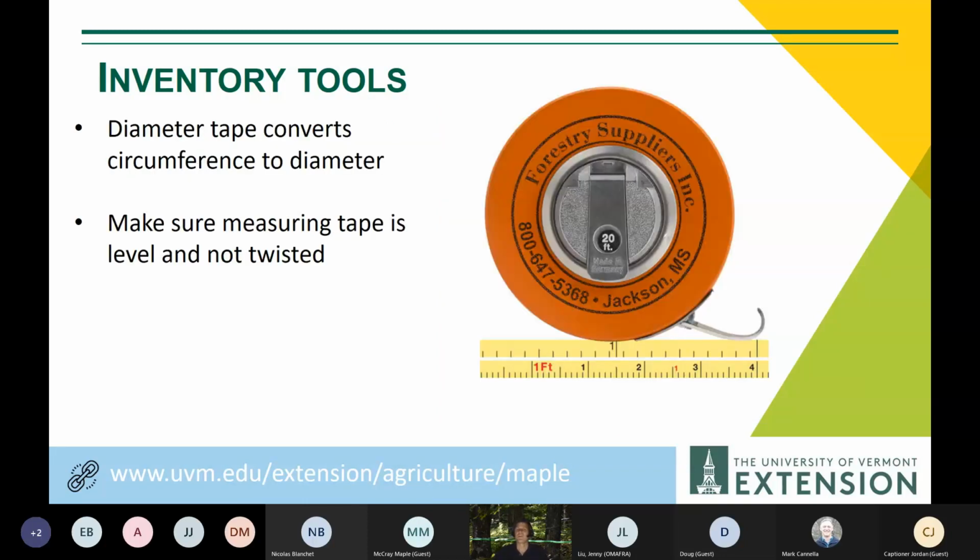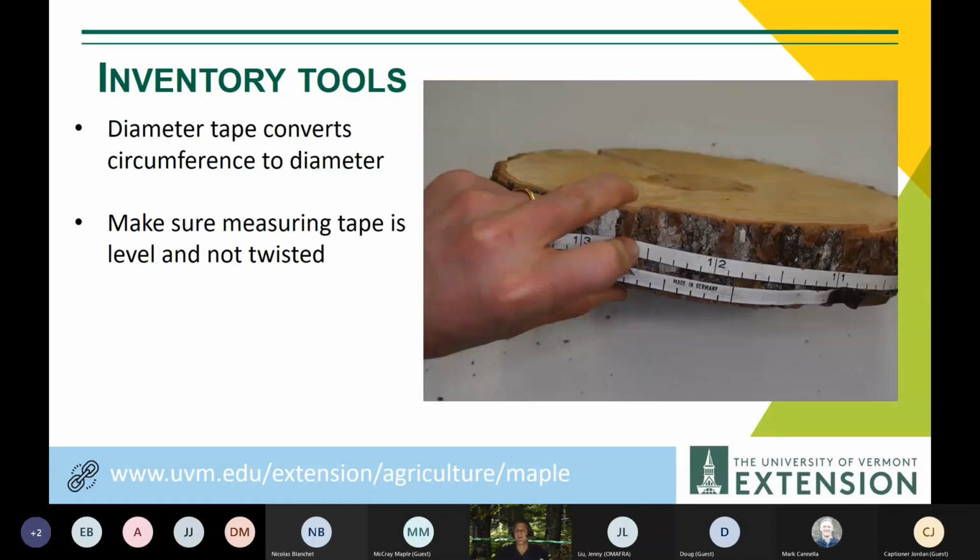So a more precise measure would be a diameter tape. Here's one that's divided up. On one side, it has regular length measurements, and the other, it has diameter. And the way it works is it takes circumference and it does the math and converts it to diameter. So here's a diameter tape measuring, in this case, a cookie of a sugar maple tree, and it's almost 11.9 inches, but it's just a little under 11.9, between 11.8 and 11.9.